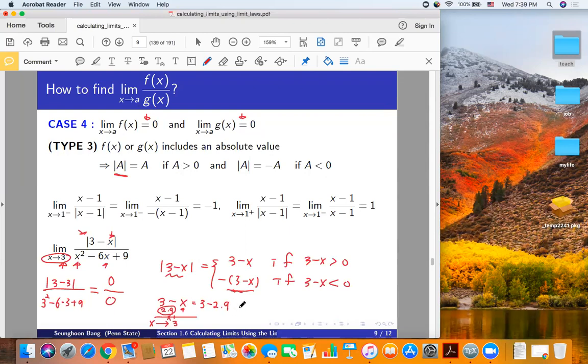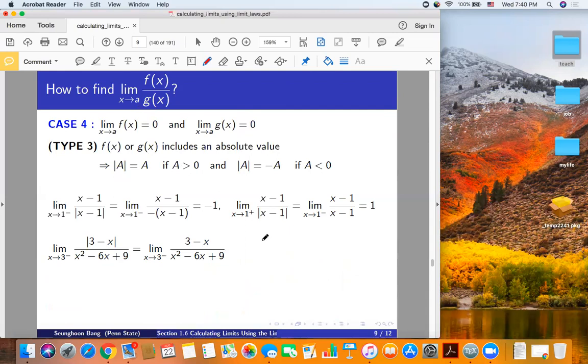So 3 minus 2.9 is a positive number. So 3 minus x is positive, just 3 minus x. This is the idea. So this is the same as what? The limit as x approaches 3 from the left of 3 minus x over x squared minus 6x plus 9. So we have it. It's good. So really be careful.